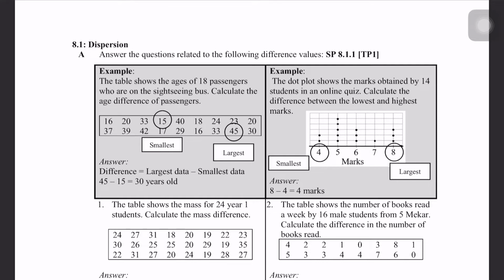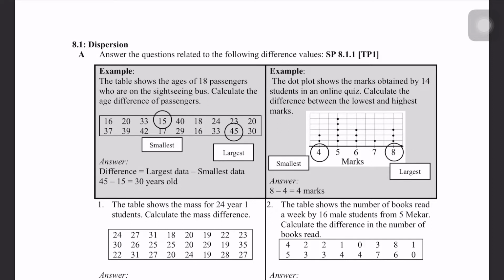The first one, 8.1, is dispersion. In dispersion, you will learn about what is dispersion. And then 8.2, you will learn about measures of dispersion. And for this chapter in Form 4, you're going to learn about ungrouped data.